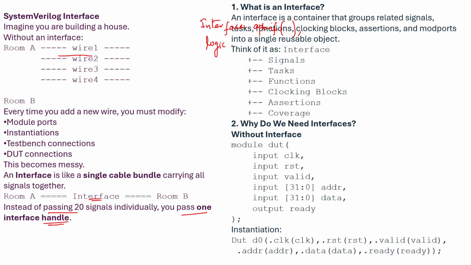So what is an interface? Interface is a container that groups related signals and tasks, functions, clocking blocks, assertions, modports into one reusable object. If we represent all the signals, tasks, functions, clocking blocks, assertions, coverages in your interface, then that interface handle you pass to your components, and they will communicate with those signals.